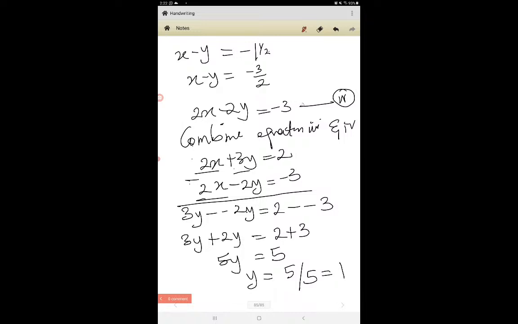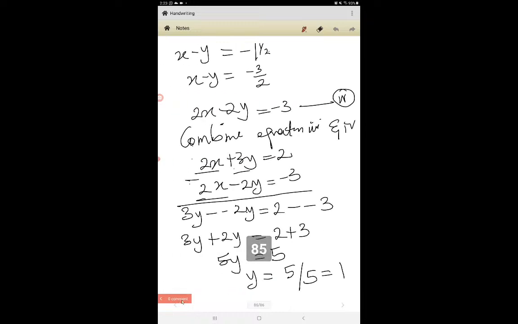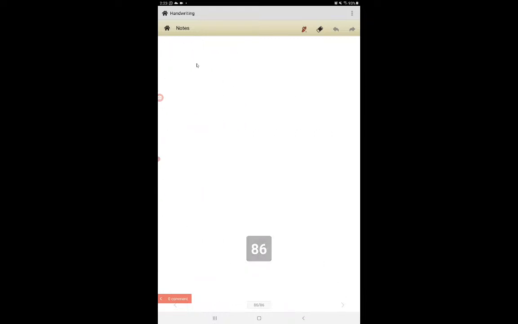And you can use any of the equations to find the value of x. So let's use equation 4, 2x minus 2y is equal to minus 3.